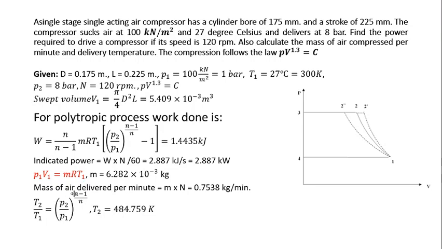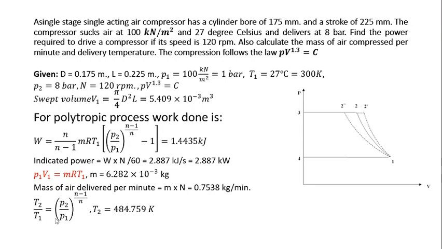Now mass of air delivered per minute is equal to, this is mass of air delivered per cycle. So per minute there are 120 cycles. So m into 120, that is 0.7538 kilogram per minute.